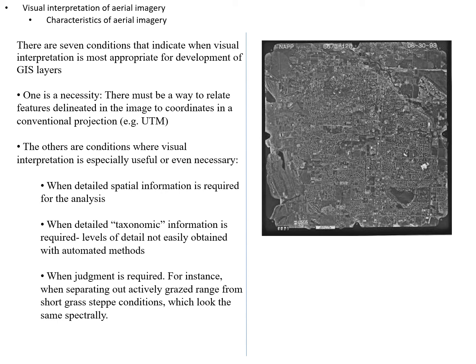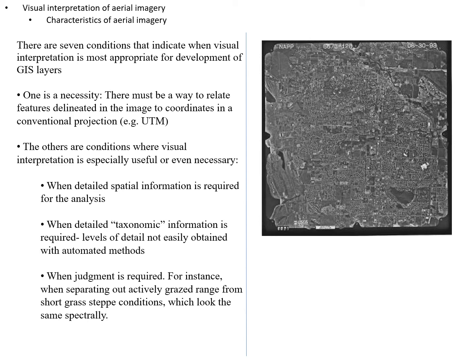You might be able to do that with an automated method, but the number of attributes that you would be able to derive would be less than if you were actually doing a visual interpretation, because you'd be able to see each stand in the context of other stands, and you might be able to see for just one or a few stands that there were obvious examples of management practices.